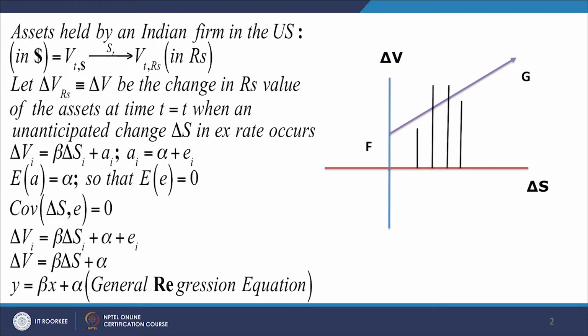One part is the systematic component, the component that varies in tandem with the variation in x, and the other part may be due to other factors which we are not able to enumerate, or which arise due to measurement errors, or factors the evolution of which we do not know.